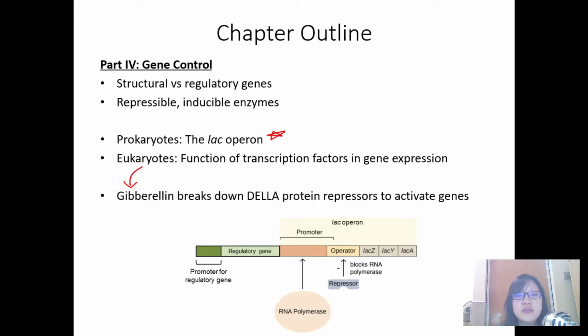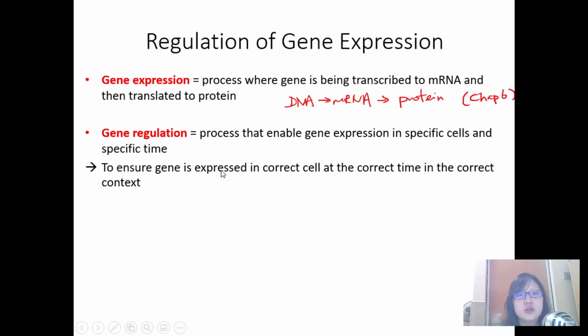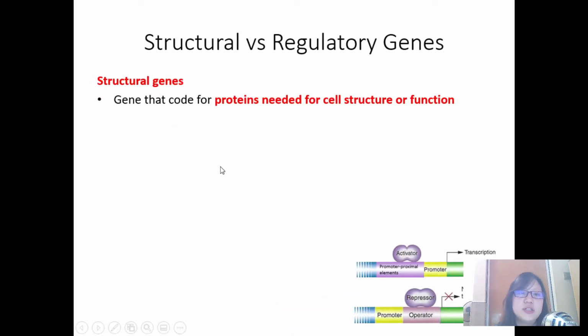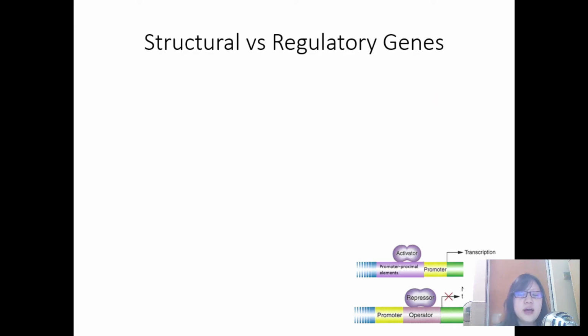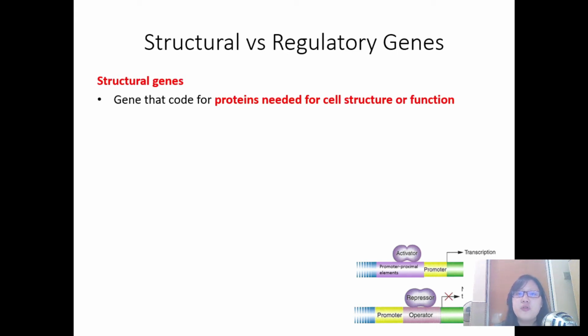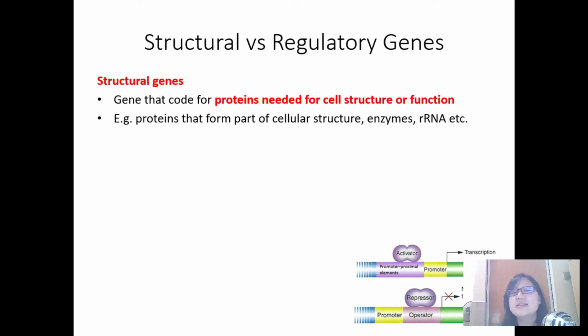So let's start off now with understanding what structural genes and regulatory genes are. Both are genes, by the way, and don't forget the definition of a gene: a specific DNA sequence that codes for a protein. Structural genes are genes which code for proteins needed for cell structure or function, like enzymes, and all the normal proteins you think of, like actin, myosin, rRNA.